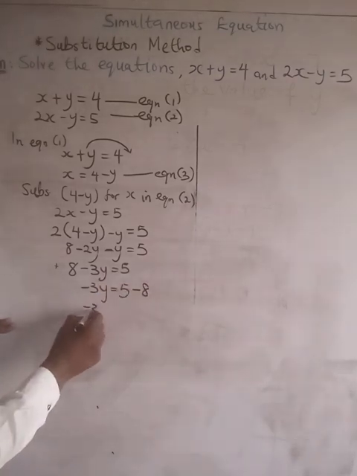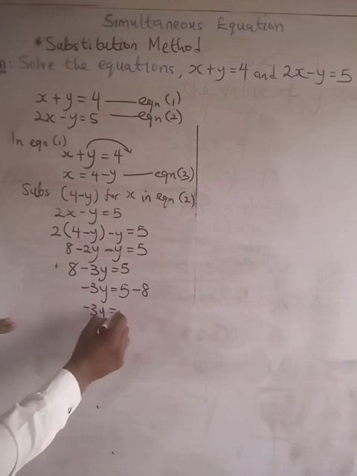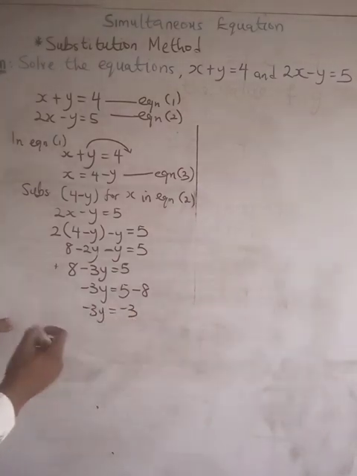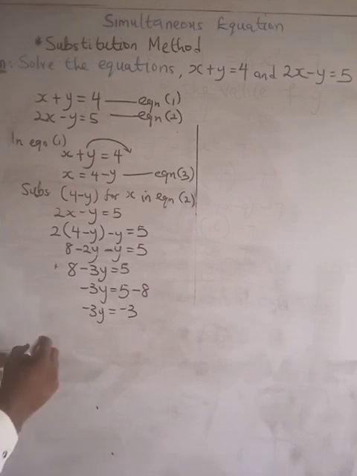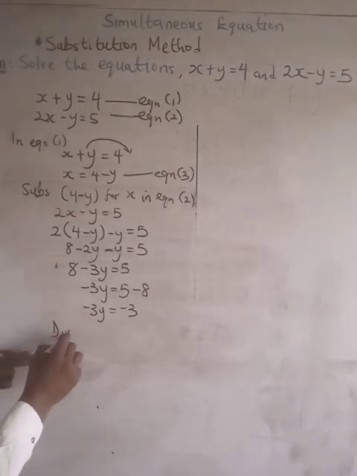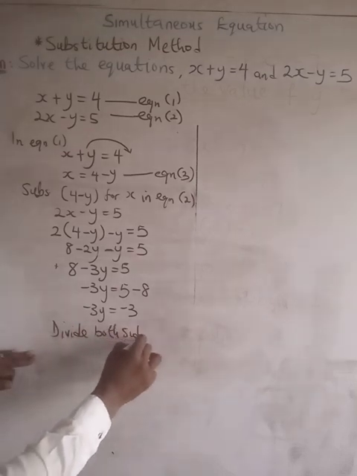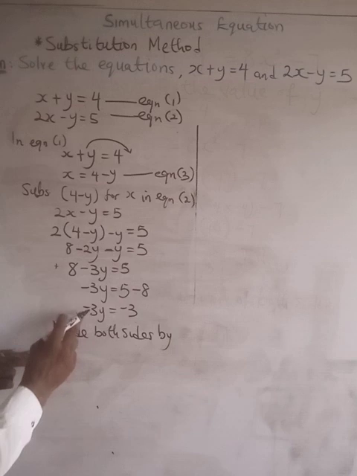So we have minus 3y equals minus 3. You can simply say divide both sides by minus 3.